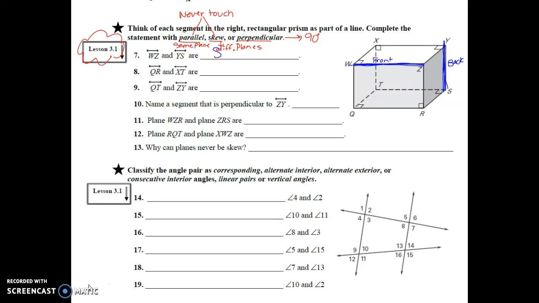That makes those two lines, segments, skew because they are in different planes. The other thing that I want you to remember is that planes are never skew. They will only be parallel or perpendicular. Try those, and we'll get back to you if you have any questions.